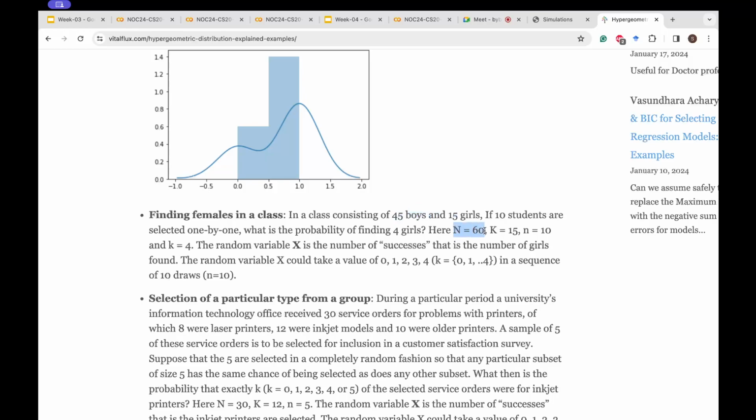Finding a girl, we are terming it as a success. So here capital K is 15, the total number of girls, and the sample size is 10. And you want to have small k equal to 4.